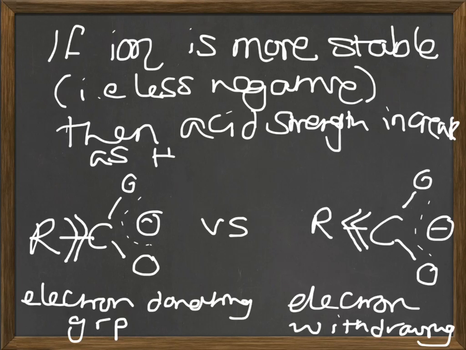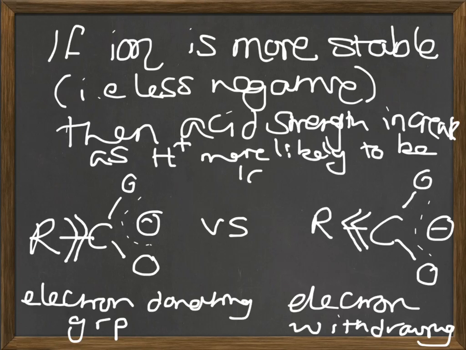Whereas if you've got an electron withdrawing group, something pulling away the electron density from the carbon, then you're going to have a more stable ion, because your protons are more likely to be lost, as the ion can exist quite happily without its proton.